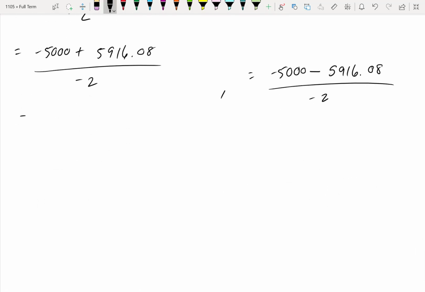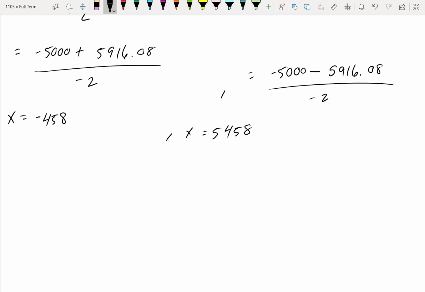So when you do the first one, you get negative 458, about there. I'm not going to the decimal, I'm just going to the closest whole number. And when we plug in the second one, we get 5,458. Now, we're looking for horizontal distance, that's x.